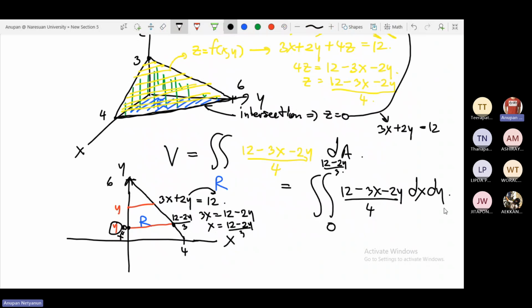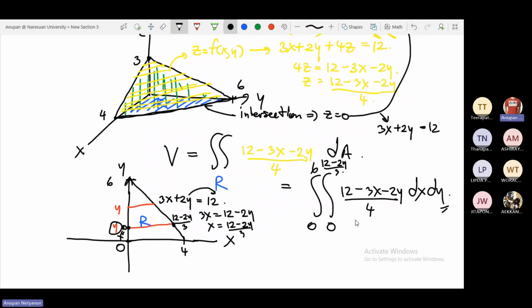And you do integration followed by the variable y. You have to ask yourself, this region starts from which y and sweeps all the way to which y. It's from the level of y equal to 0, sweeping all the way up to the level of y equal to 6, right? So the running number of y is going to be 0 to 6.